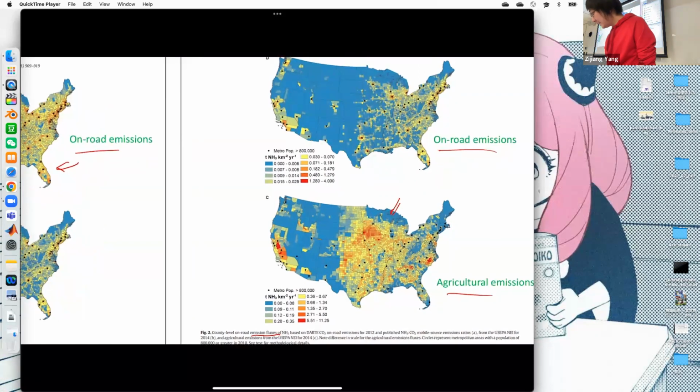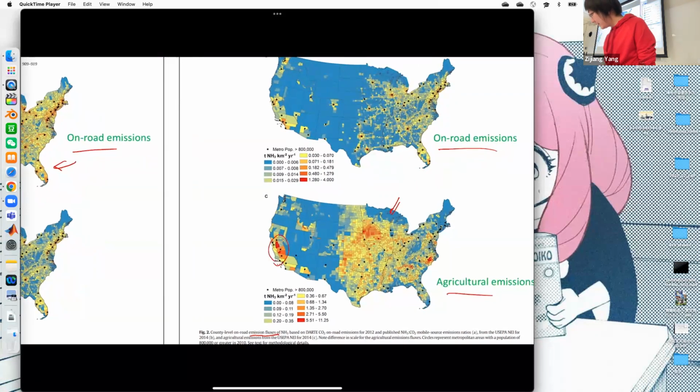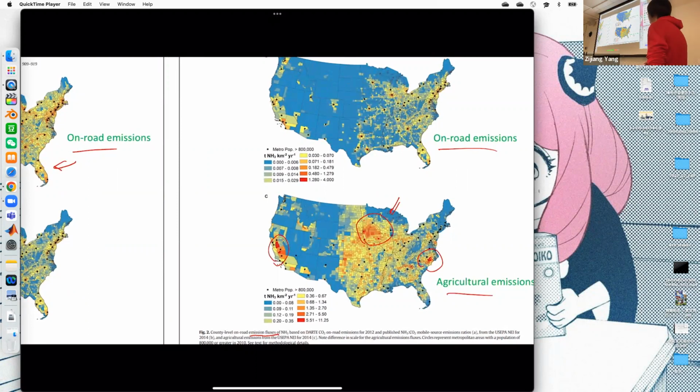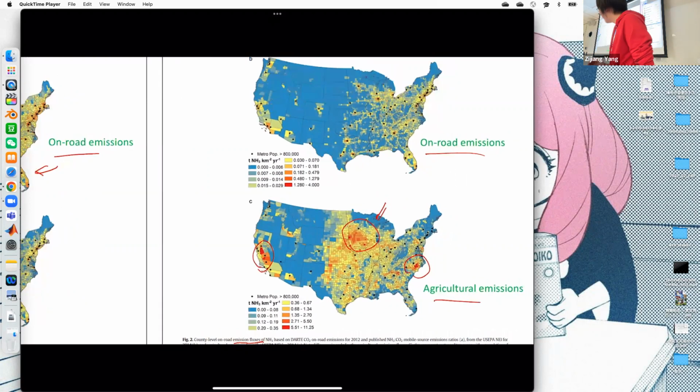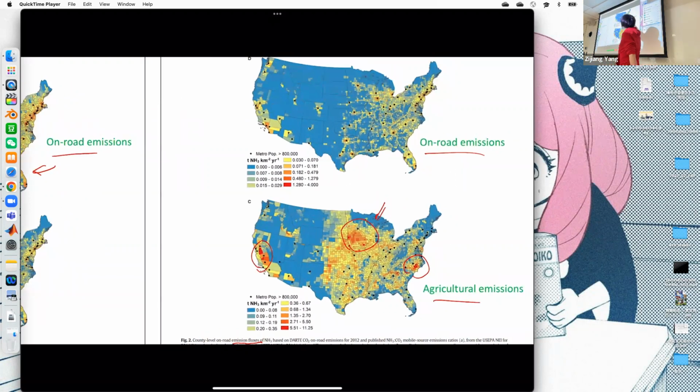For agricultural activity, we may have some areas that have relatively severe ammonia emission. On the other hand, for the on-road emission, I think these are some of the big cities which have relatively large ammonia emission.